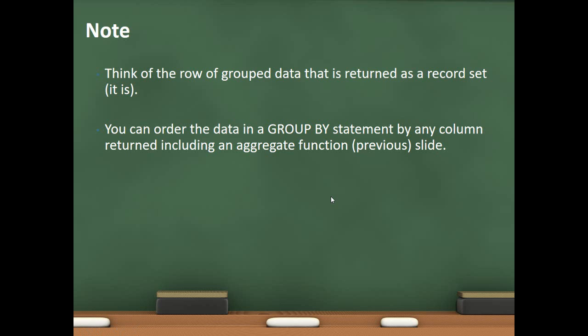So again, it's important that you understand that this data, when it comes back to you as the programmer, so let's take your hat off now, and you're receiving this data as the programmer, not as the person that developed a SQL statement. You're just receiving back a data set. There is no difference between a simple select statement, whether it's an aggregate function, whether or not it's grouping.